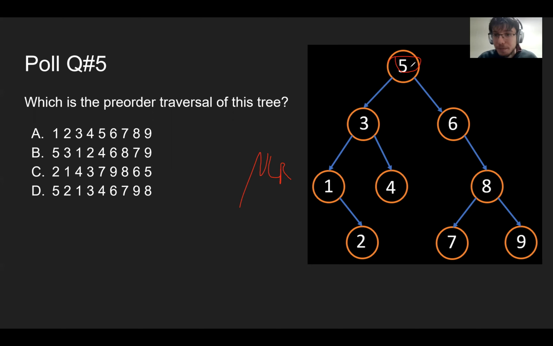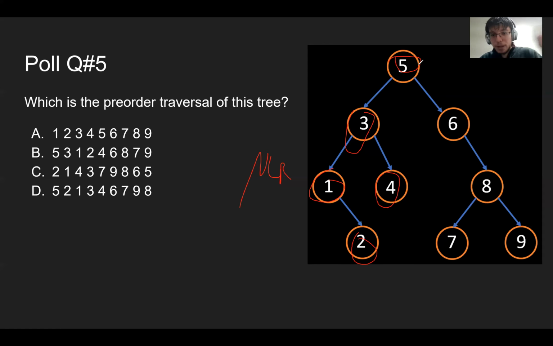So we pick up the 5, we prioritize going left. We grab the 3. We prioritize going left, we grab the 1. Okay, we can't go left anymore, but we prioritize the node we're already at. So we go right. We pick up the node when we see it. Now we can't go any further, so we go back up to where we were. We prioritize going left or right, we already went left, so we go right.